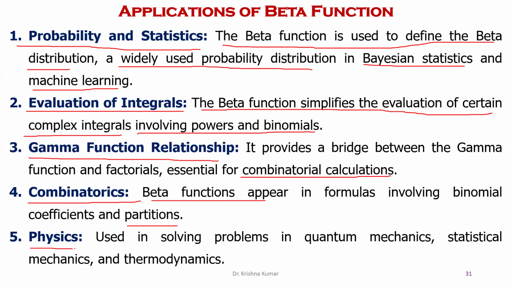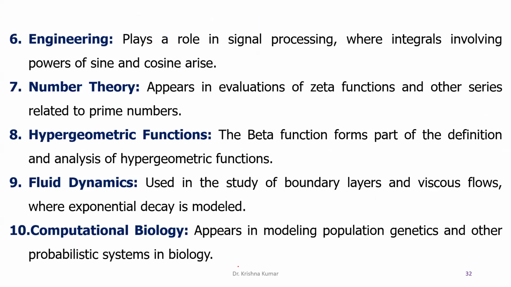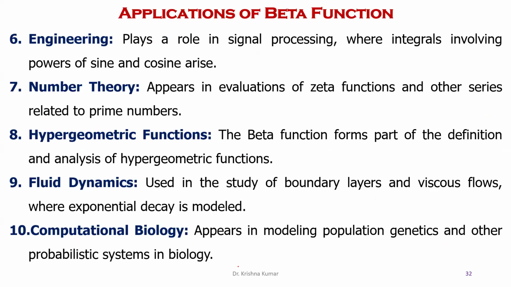It is also useful in physics, in which it is used in solving problems in quantum mechanics, statistical mechanics, and thermodynamics. The sixth use of beta function is in engineering. It plays a role in signal processing in electronics engineering, where integrals involving powers of sine and cosine arise.